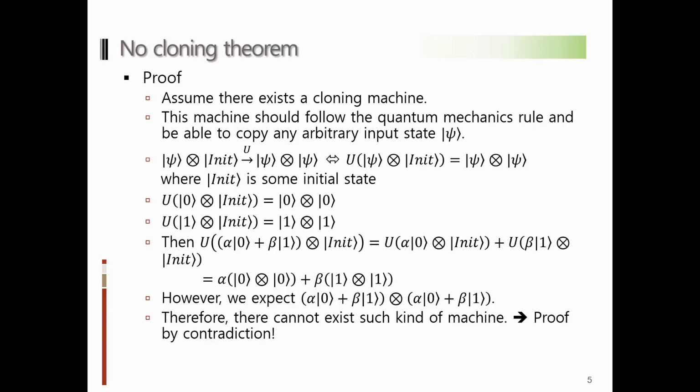Once you measure, the quantum state will collapse, and you cannot obtain all the other information, so you have to repeat the same calculation over and over. So there are cons and pros with the no cloning theorem, but you should be careful when you are dealing with quantum information.